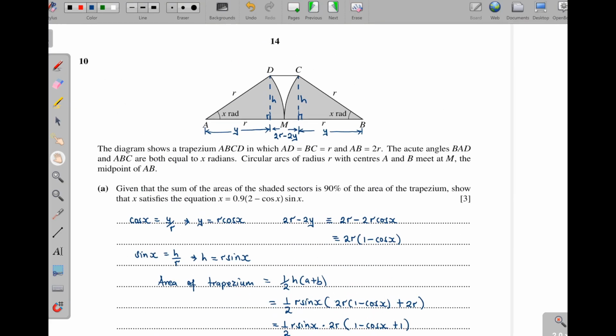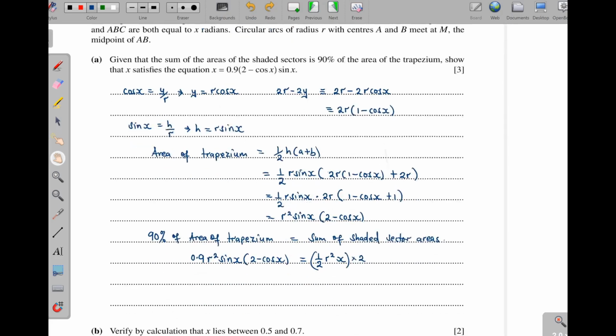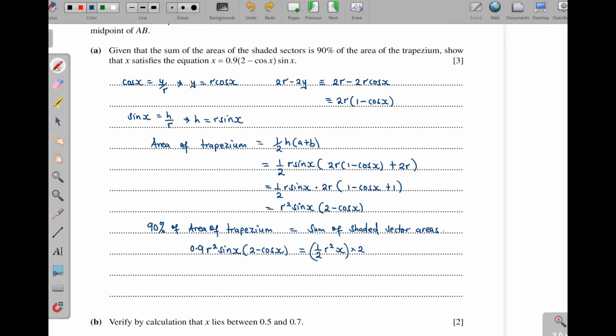If you check very well here, this one is identical to this, or they are similar. Then from there, of course, this one will go, and then we have r squared x will be equal to 0.9 r squared sine of x into 2 minus cosine of x.